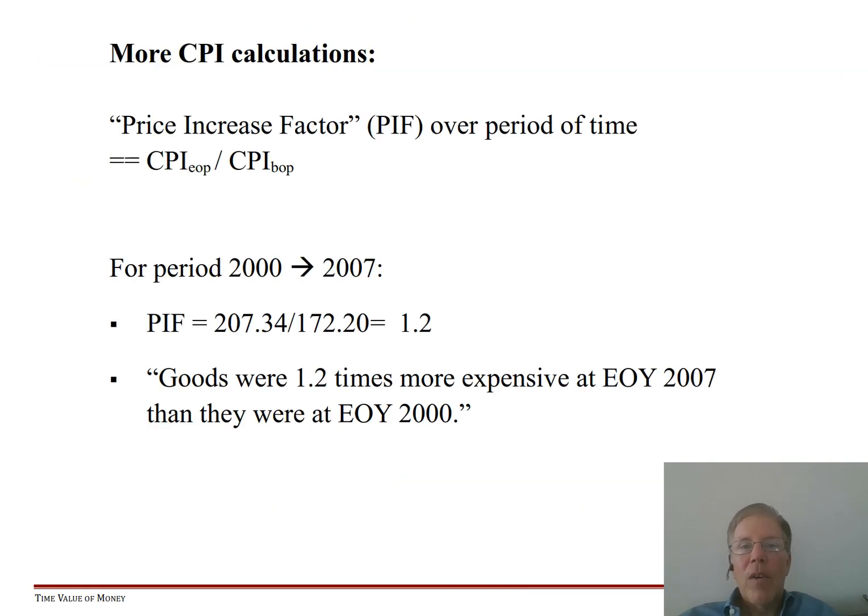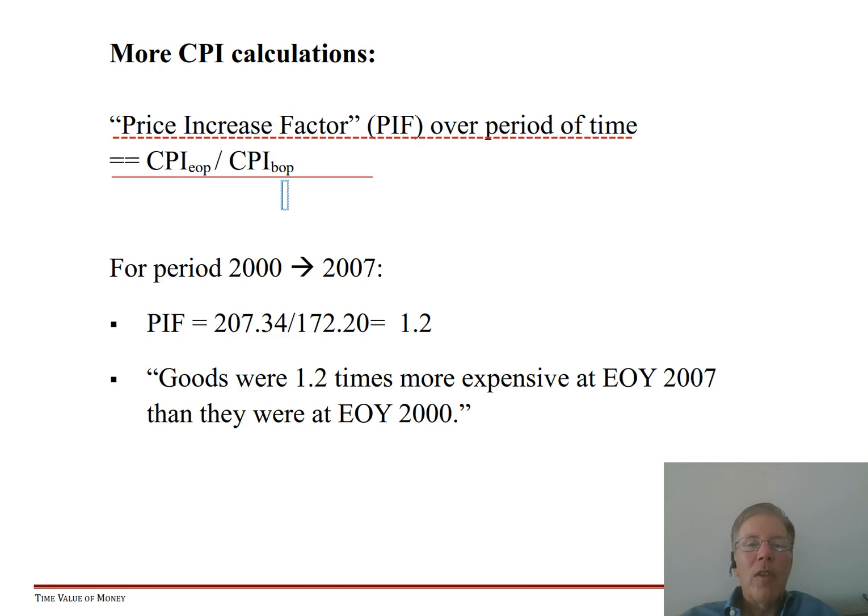Okay, so we could also look at CPI increases the way engineers like to look at this, using the price increase factor. You can see here the price increase factor for inflation over a period of time is just the ratio of the CPI at the end of the period divided by the CPI at the beginning of the period.